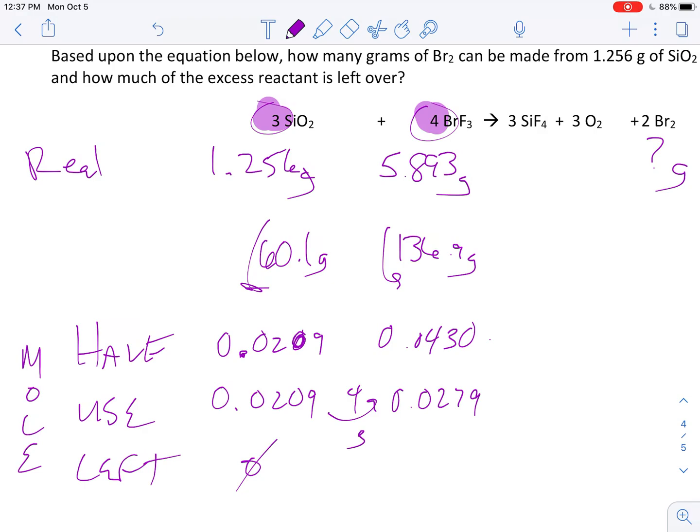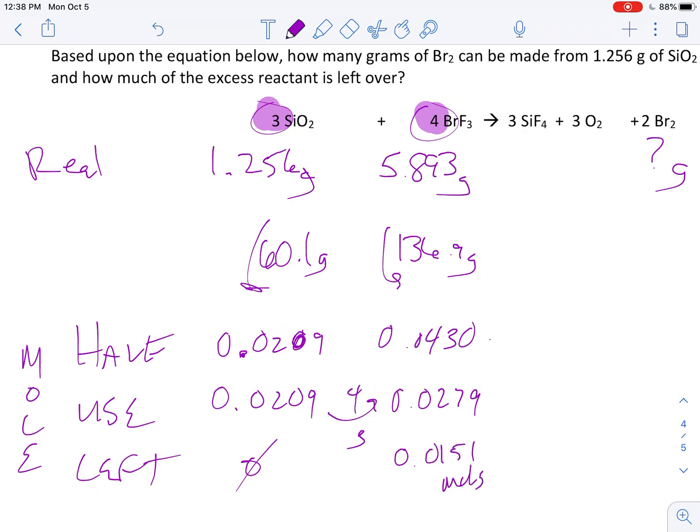Again, had I picked the other one, I would have ended up with too much, and it would have been a negative number down here in the leftover column. So even when you guess wrong, you get the right answer. You just might have to do a little bit more work.